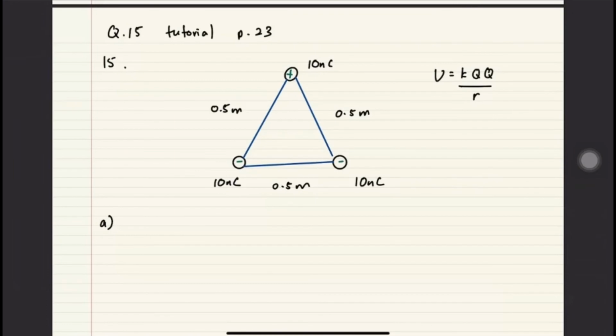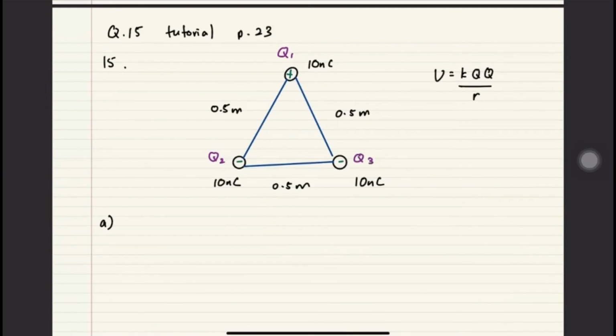Okay, and then in this case, ada berapa banyak U? Tiga. Okay, very good. So, let's see if I put this one as Q1, Q2, and Q3.